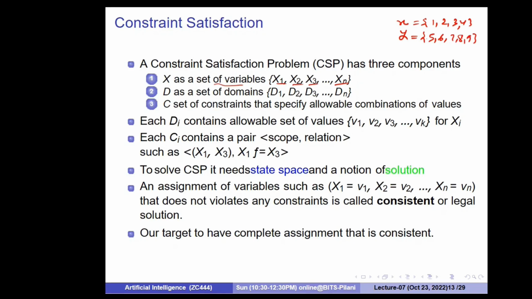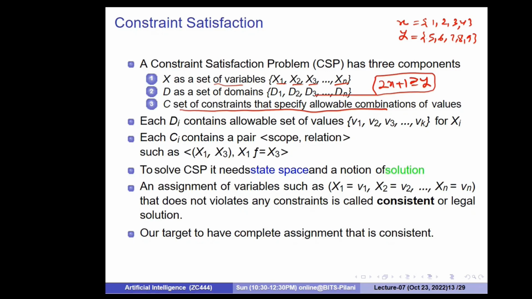Then there are some constraints. A constraint is this: 2x plus 1 is equal to y. It is an equality constraint. I can also say that 2x plus y is greater than y, an inequality constraint. So I can put various kinds of constraints.